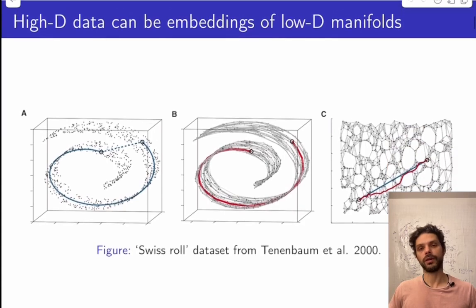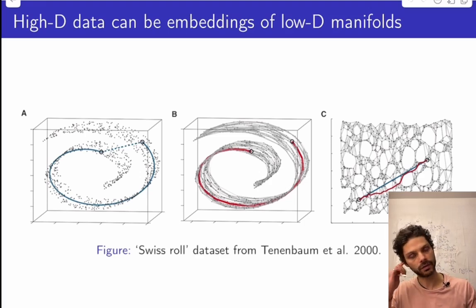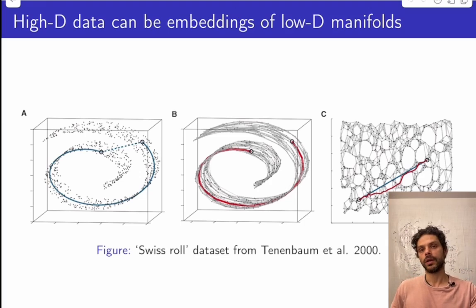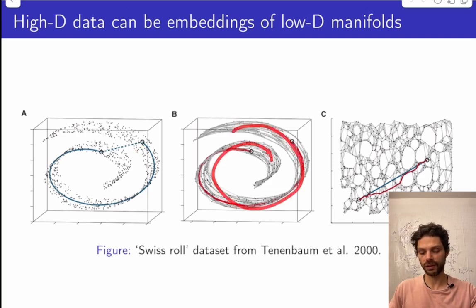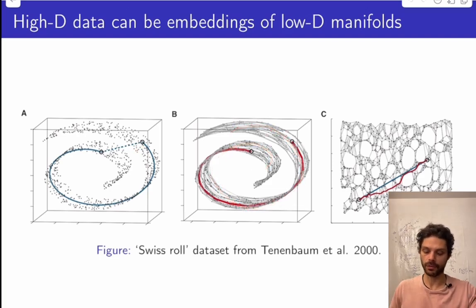Another perspective, which is quite current in neuroscience these days, is that the high dimensional data that we see, those 150 dimensional response vectors, are actually coming from a lower dimensional manifold that's been embedded in this high dimensional space. So, for example, here's the very famous Swiss roll data set, where you've got points that are living in 3-dimensional space, but actually they're coming from a 2-dimensional surface that's been embedded in 3D space.